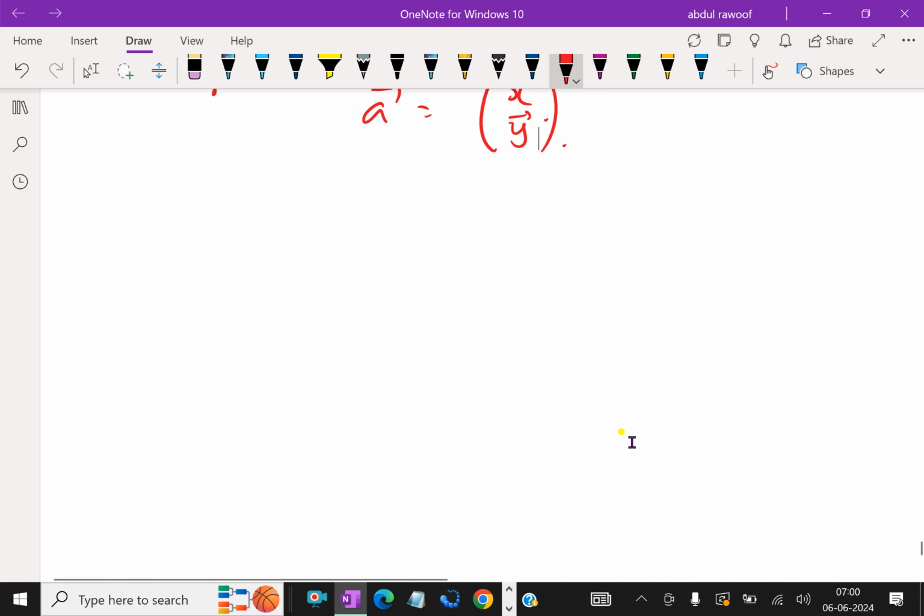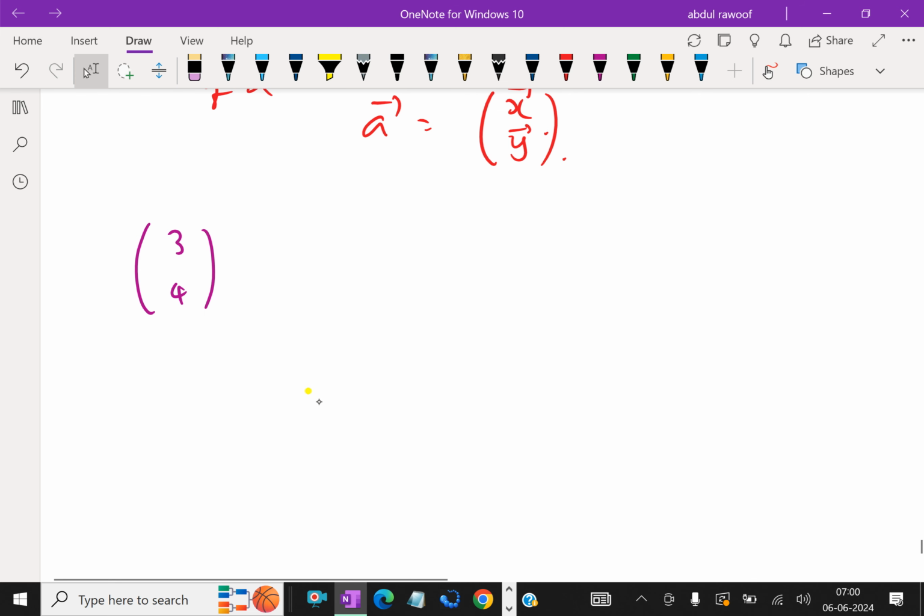Now let us draw some vectors given in matrix form, like vector (3, 4). How to draw this? Suppose it is vector A. Here x is 3 units and y is 4 units.